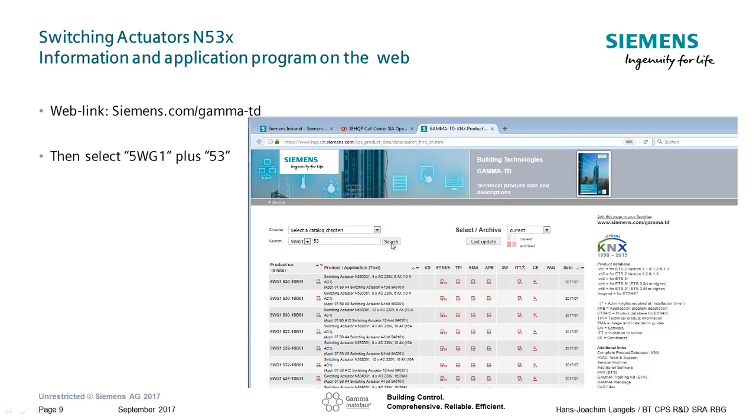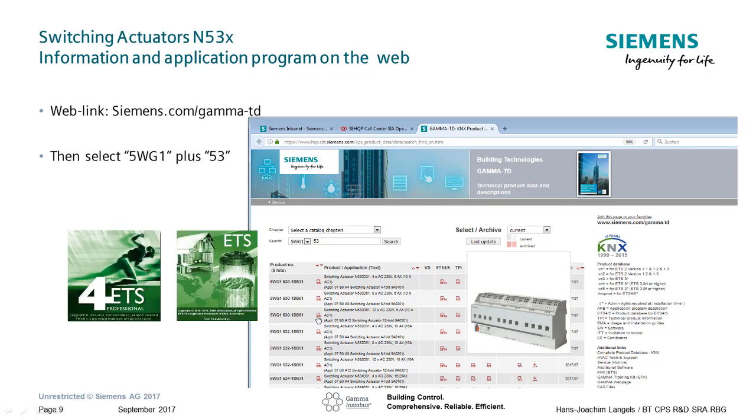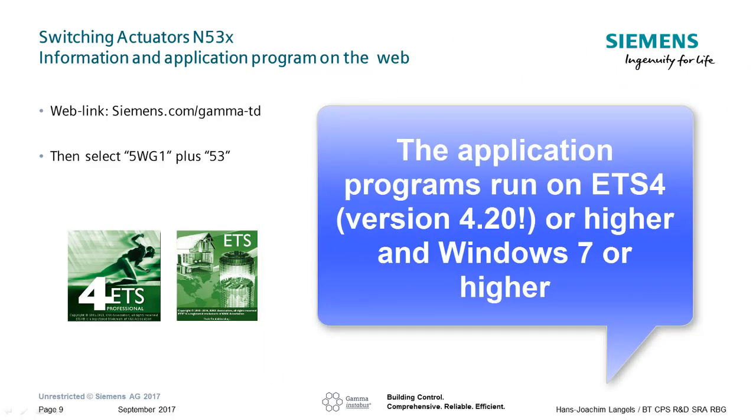You get a list of 9 entries as expected for each of the 9 different actuators. As usual, you can download all necessary documents from here, including the ETS database entry. Please note that the minimum requirements for the N53X applications are ETS4 and Windows 7.